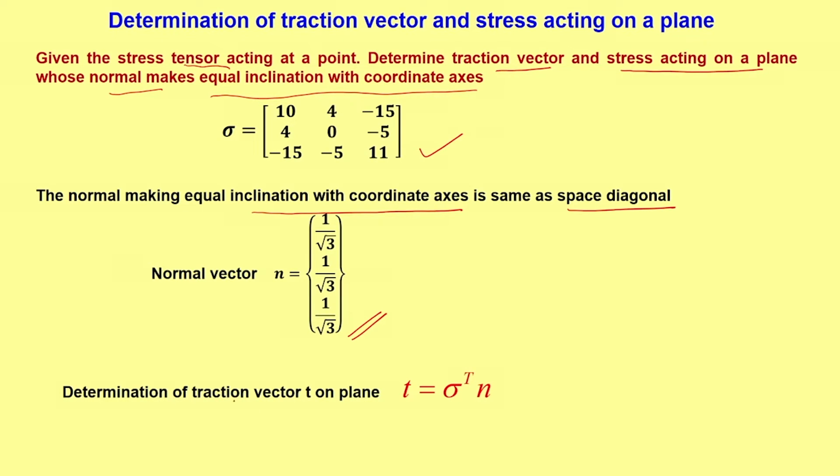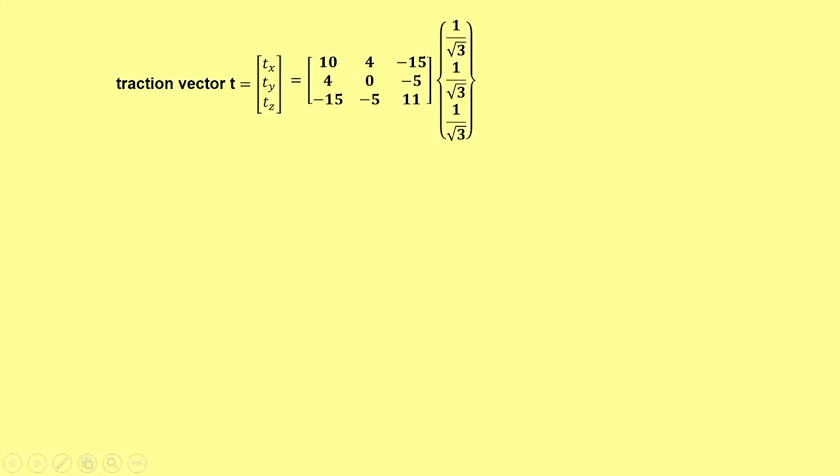So, how do you find the traction vector? The traction vector T is equal to sigma transpose into n. That will give you the traction vector. So, T equals Tx, Ty, Tz, which is equal to the stress tensor into the normal vector.